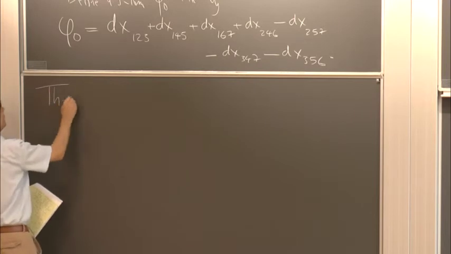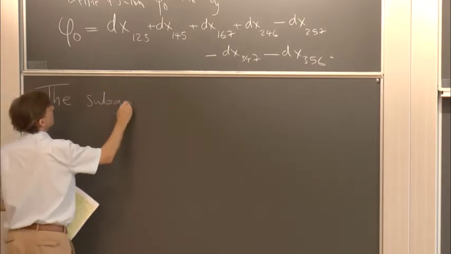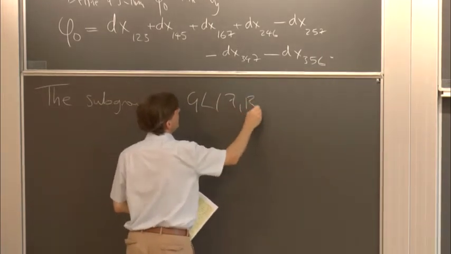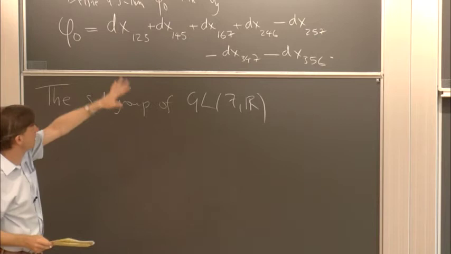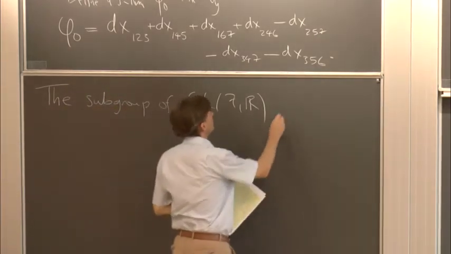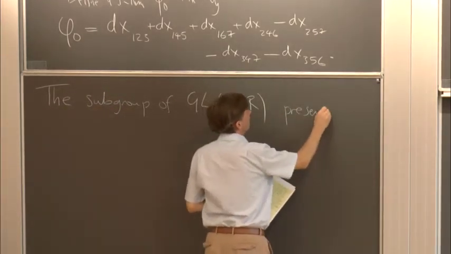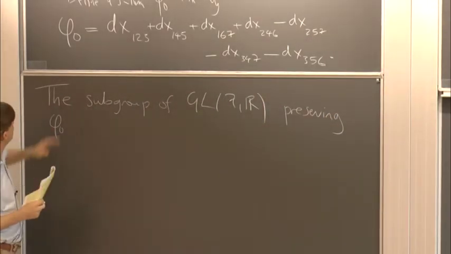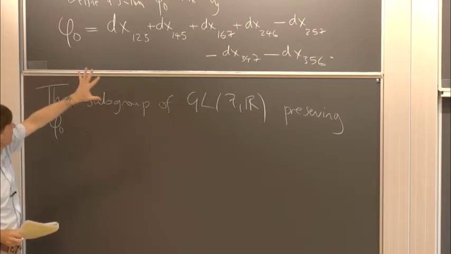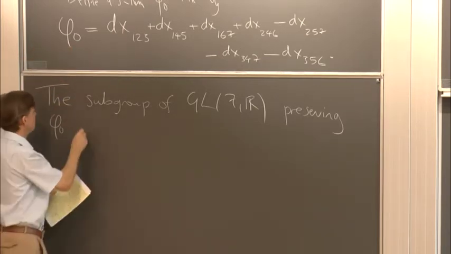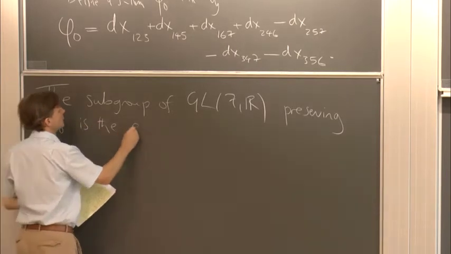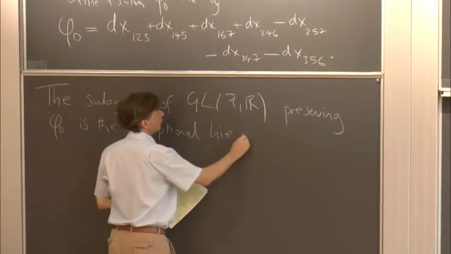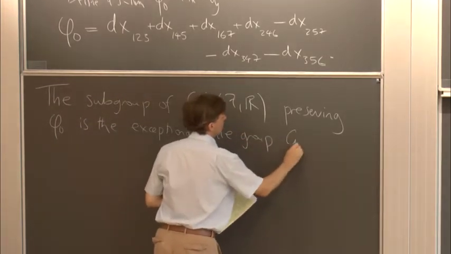The subgroup of GL(7,R) acting on three-forms on R7, preserving phi_0, so the stabilizer group of this particular three-form in the three-forms on R7, is the exceptional Lie group G2.